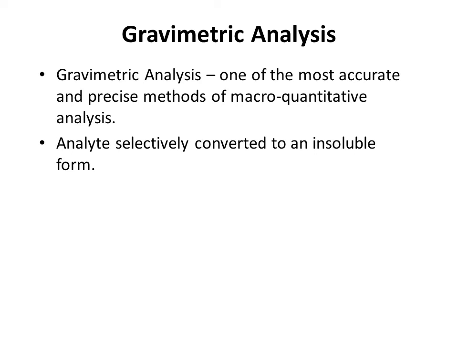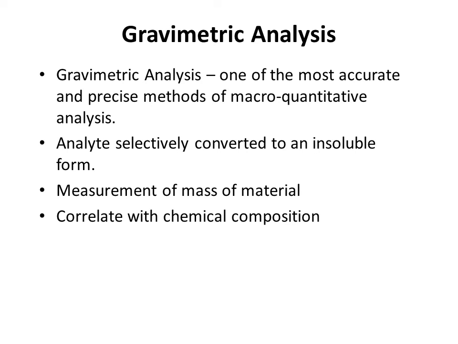In gravimetric analysis, to ensure selectivity, you must use the right kind of precipitating agent to precipitate the analyte, because the gravimetric measurement on its own, taking the mass, is not selective, but the process leading to it, before taking the mass, can be made very selective.